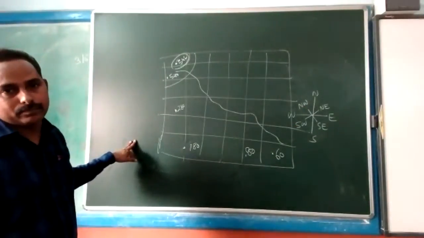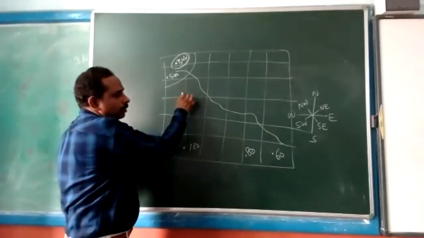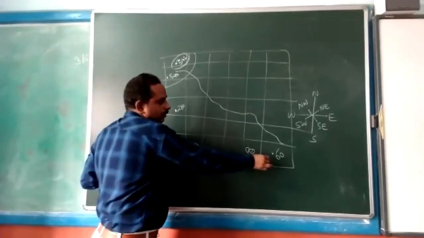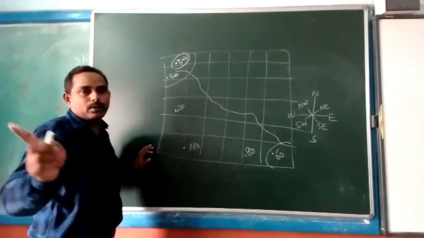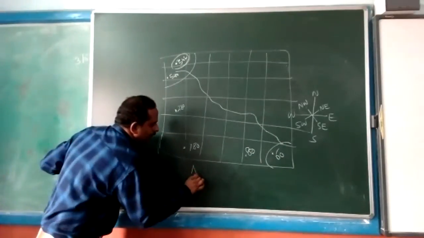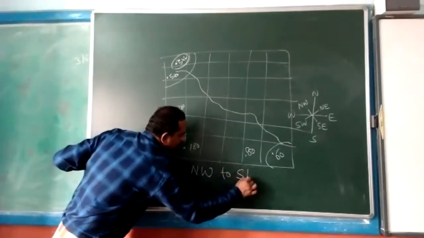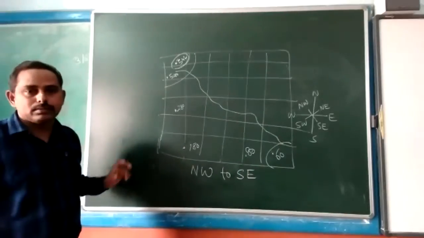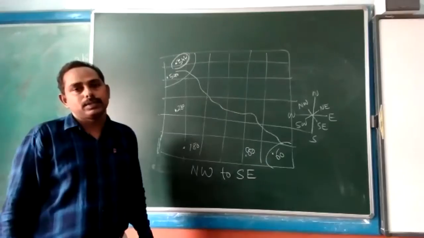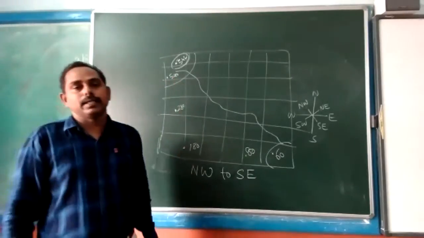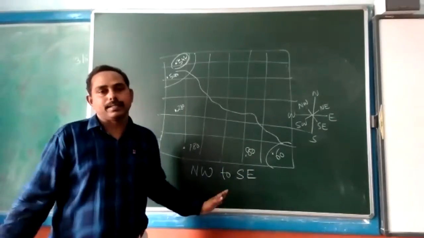Then the river moves toward the lower area on the southeastern side. So you have to write: river flows from northwest to southeast. This much only you have to write. Sometimes you can easily score 2 marks. So you have to find out the spot height and the direction the river moves from the origin.